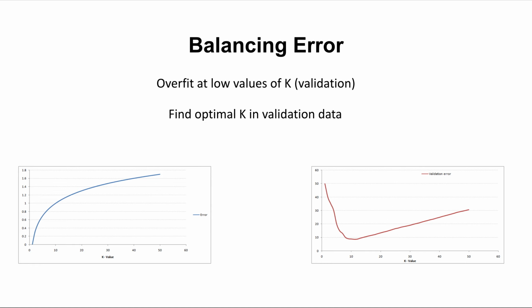So if you look at this validation error graph, then you're probably going to see that the validation error hits a local minimum, or the absolute minimum, at about k equals 10. So there you go. That's the optimal k. Because at that k, we're not really overfitting or underfitting, right? We have a k that allows us to explore enough neighbors to actually get a good sense of our classifier, right?